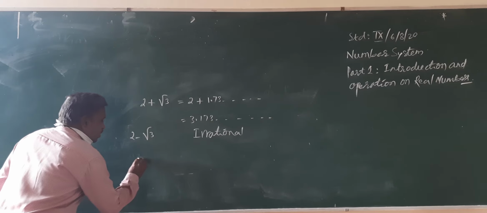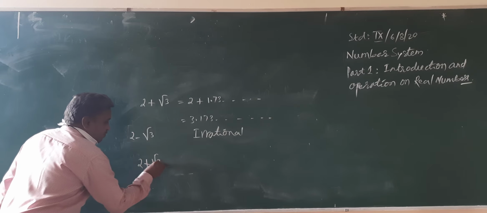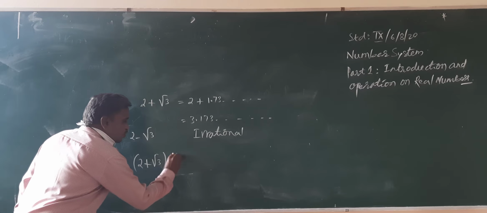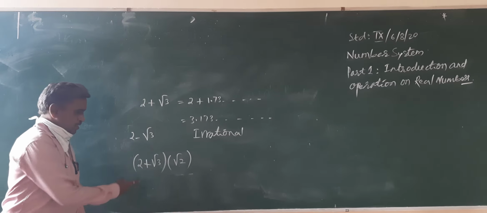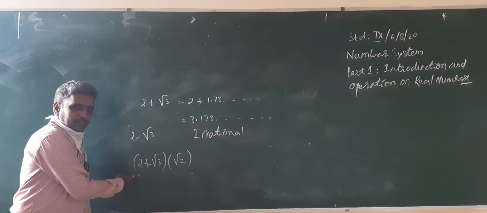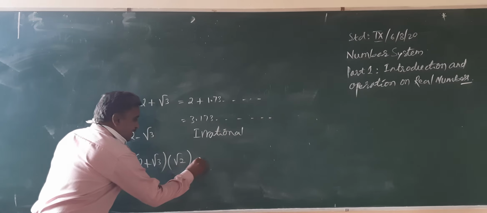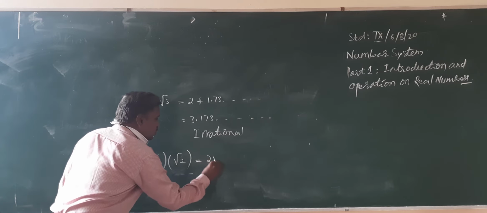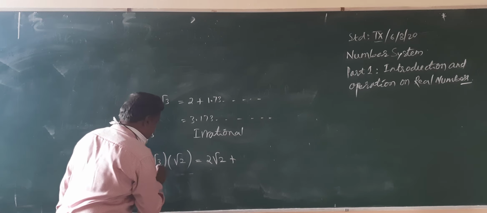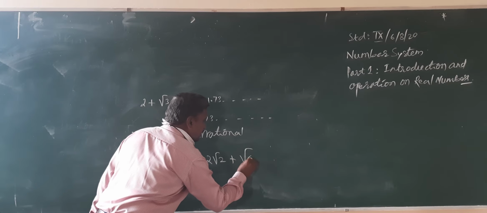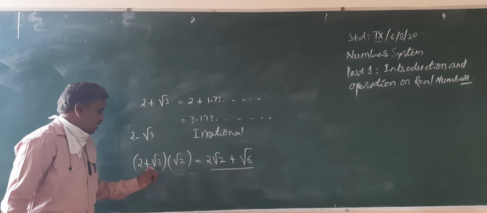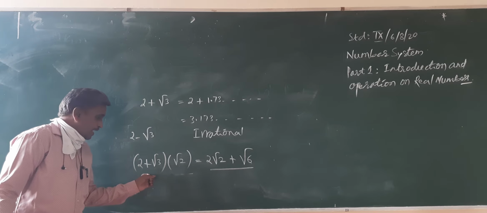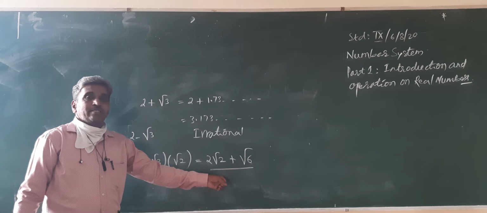And 2 plus root 3, multiplied by root 2. Understanding? 2 into root 2 is 2 root 2, plus root 3 into root 2 is root 6. Again it is an irrational number. Sometimes the product of an irrational number and an irrational number can be a rational number.